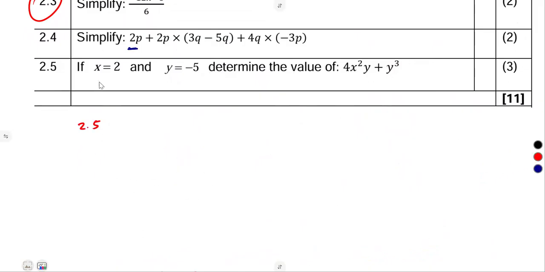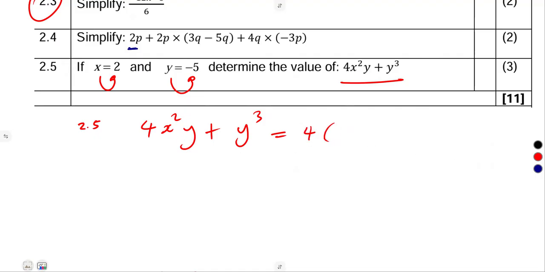On 2.5, we are given that x is 2 and y is negative 5. So determine the value of this expression: x squared y plus y to the exponent of 3. So just substitute, guys, into our x. Our x is what? It is 2, which is being raised to the exponent of 2.